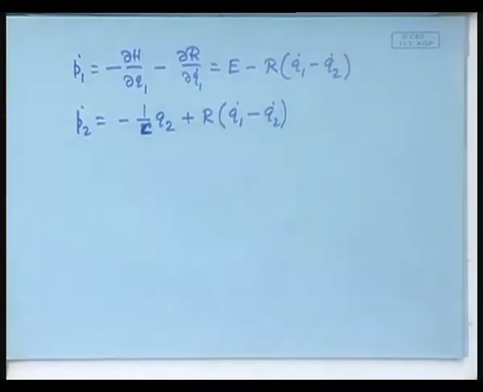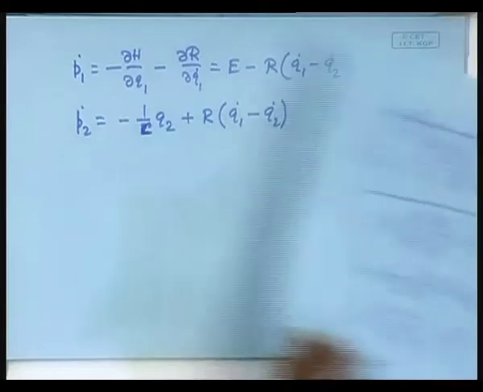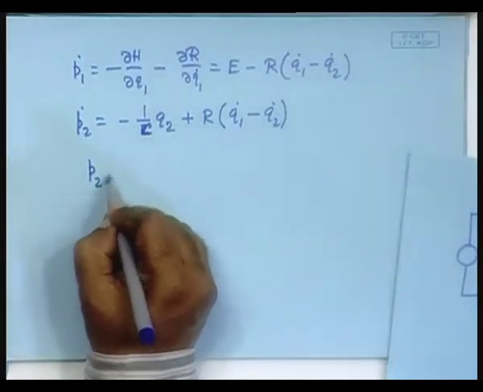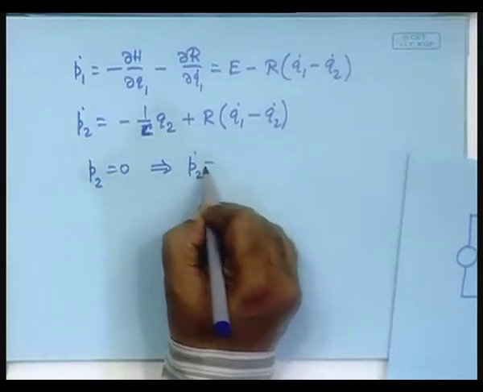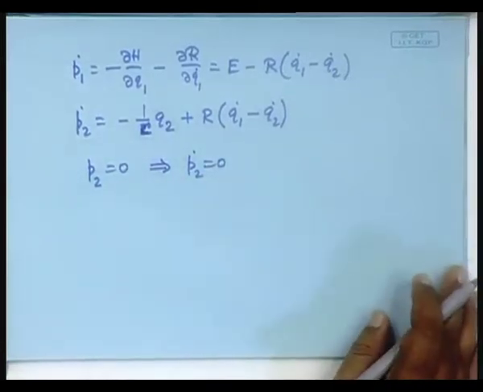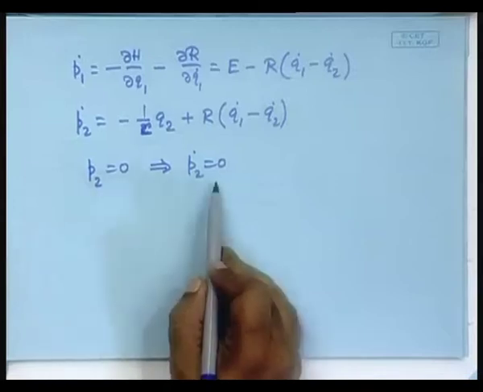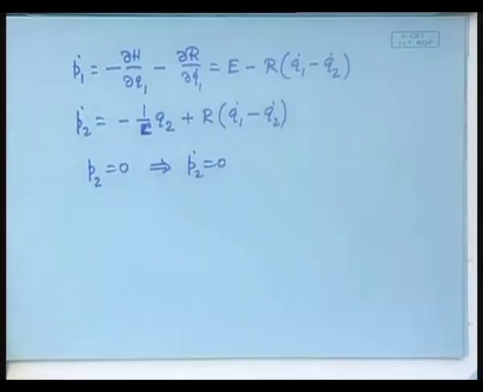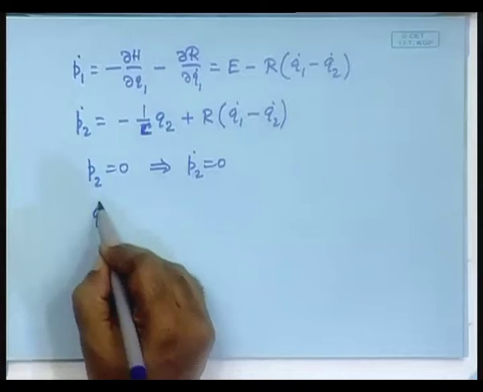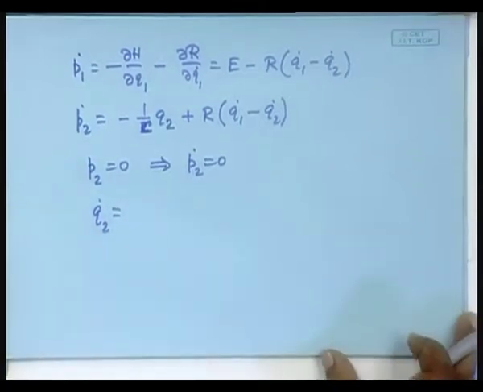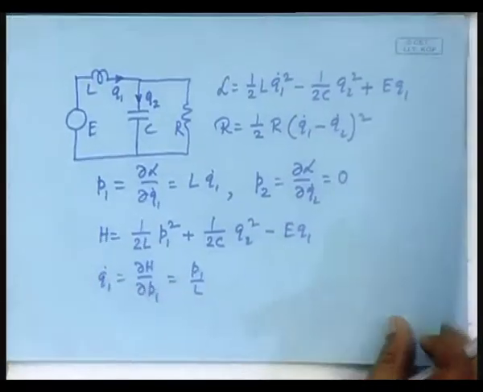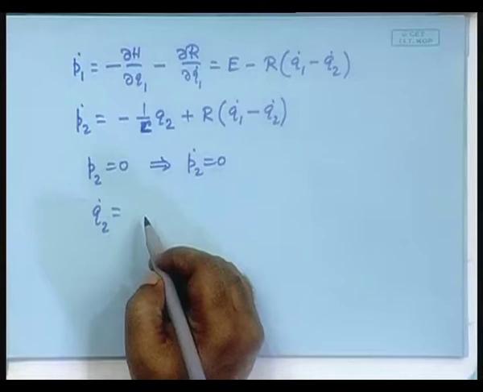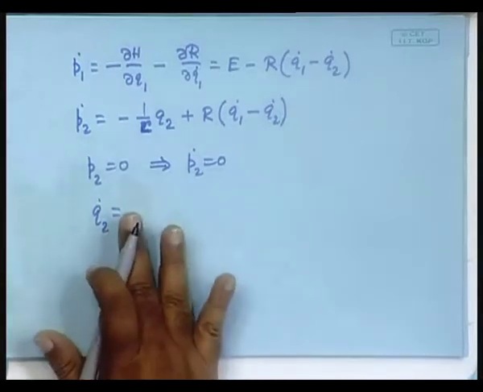Now, you would notice that P2 is 0, fine. This implies P2 dot is 0. If P2 is 0, P2 dot is 0. So, you have Q2 dot is what? There will be something in the right hand side.